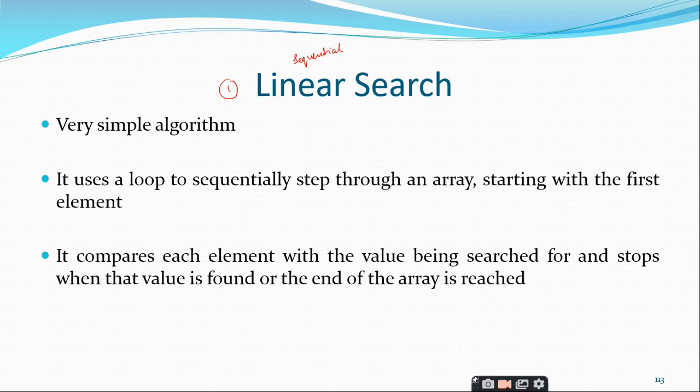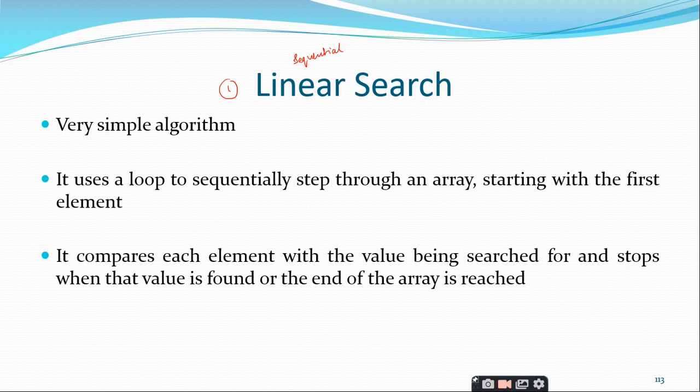If you find the element, you will simply return the position or the element, or simply print a message saying that the element is found in the given list of elements. And if your search operation fails, then you can simply print a message that the element is not found. This is how the search algorithms work. It is going to give only two messages, whether the search operation is successful or whether the search operation has failed.